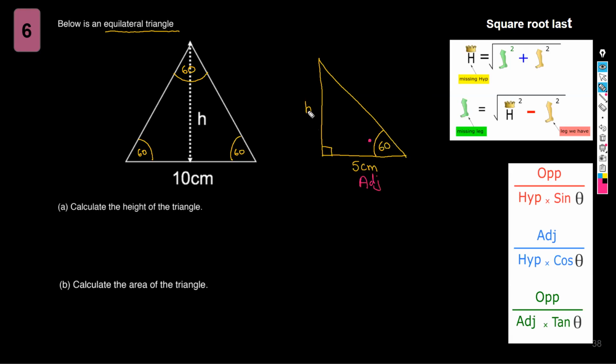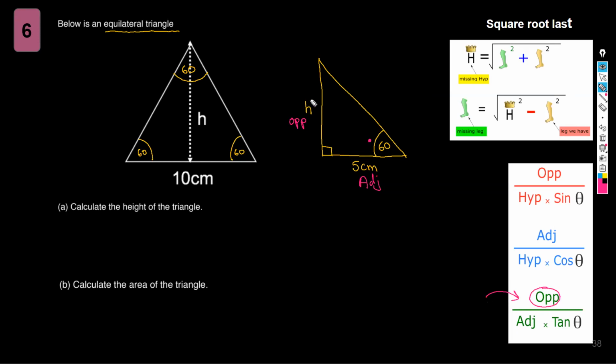And this h is the opposite. So we're trying to find the opposite side. Now, there's only one formula with opposite and adjacent, and that's Mr. Tan. So we want to find the opposite side. To find the opposite side is adjacent multiplied by tan.